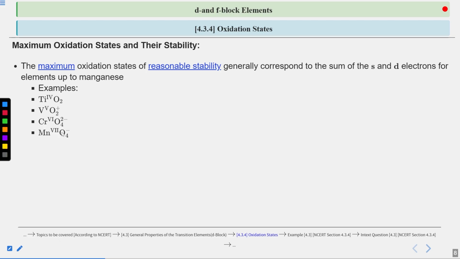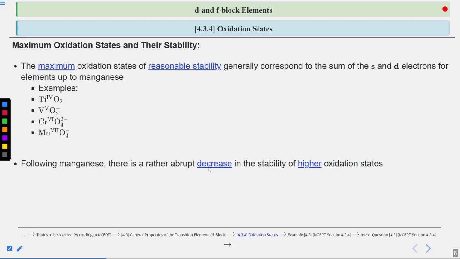Then there is MnO4-, where manganese in +7 has the maximum stable oxidation state, because it has lost 5 electrons from the d orbital and 2 electrons from the s orbital.